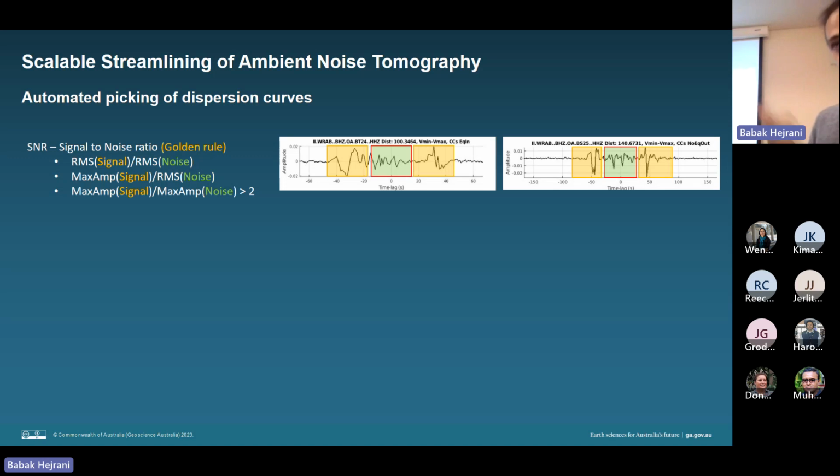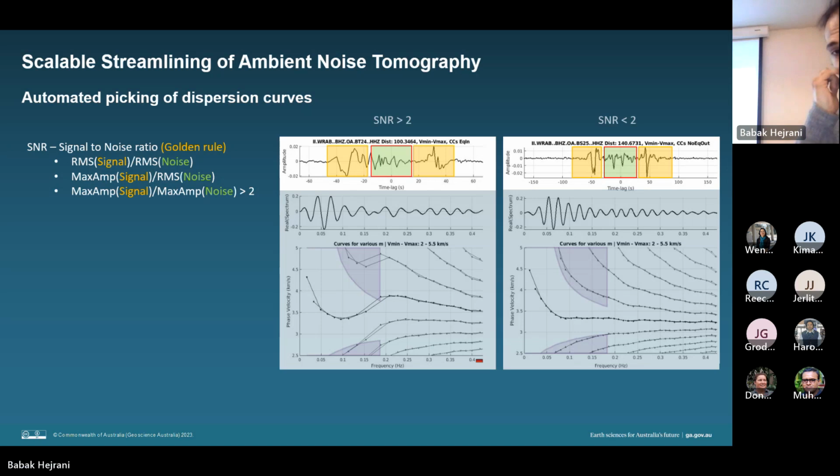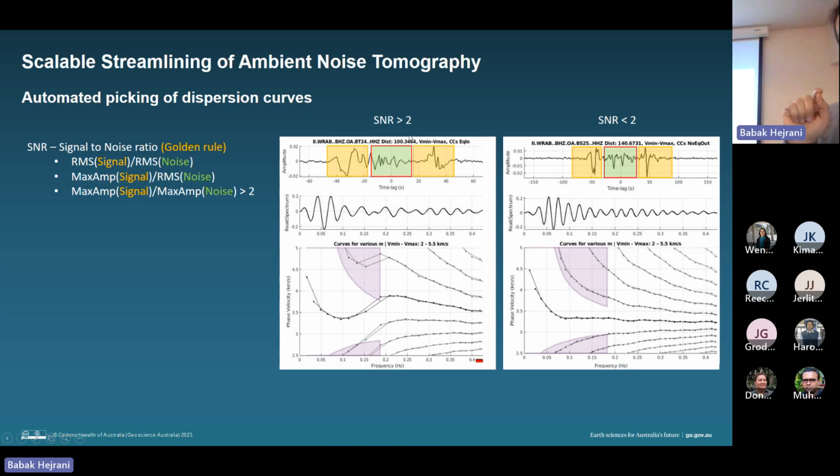But now that I'm looking back at this, for example these 2 cases I brought up: the one on the left has a signal-to-noise ratio just slightly above 2, I think it's 2.001. And the one on the right is just below 2, it's 1.999. Now, which one do you think is a good dispersion curve?